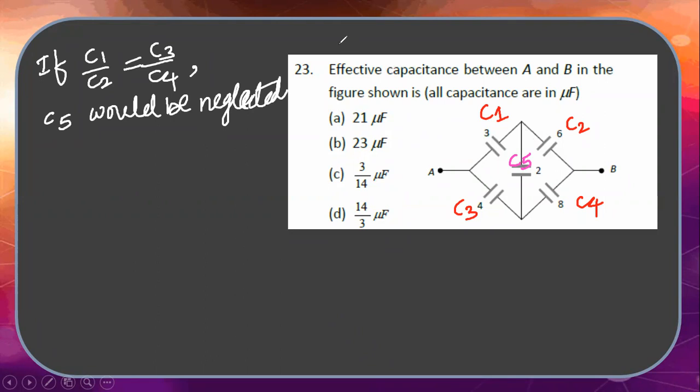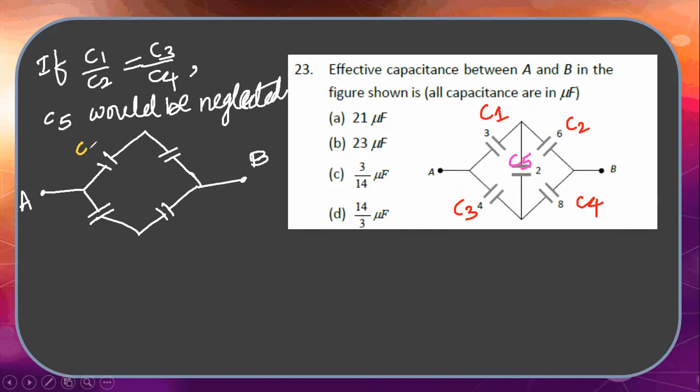Then if I neglect this one, what is there? This is A, top one capacitor, this is B. C1 is 3, C2 is 6, C3 is 4, C4 is 8. Will the condition hold?